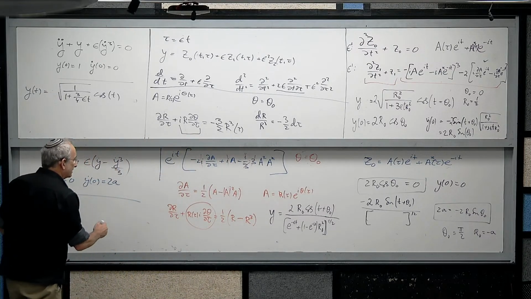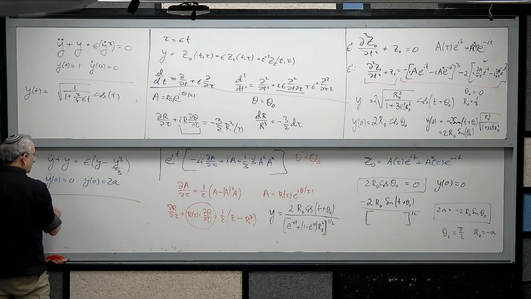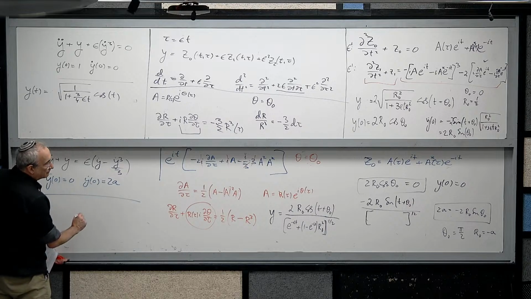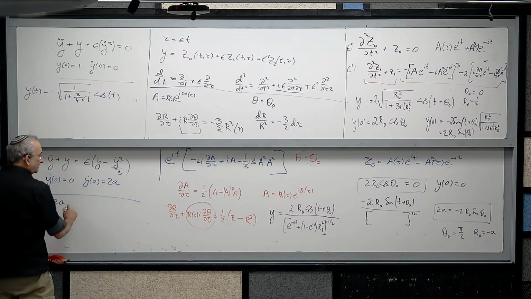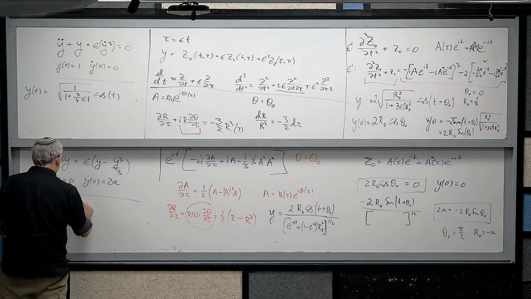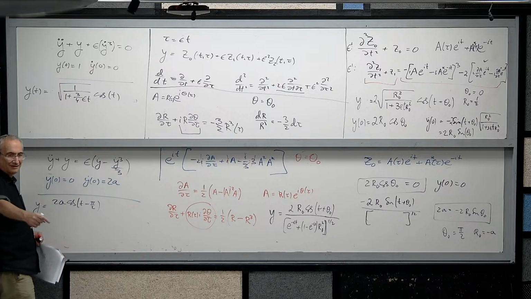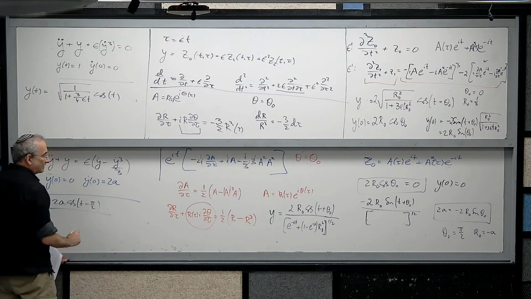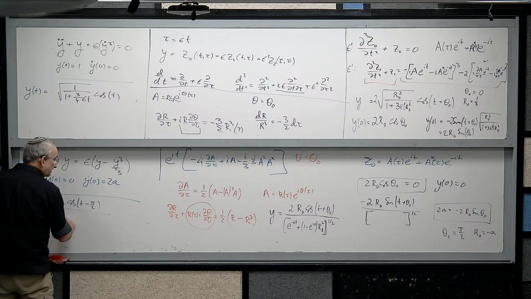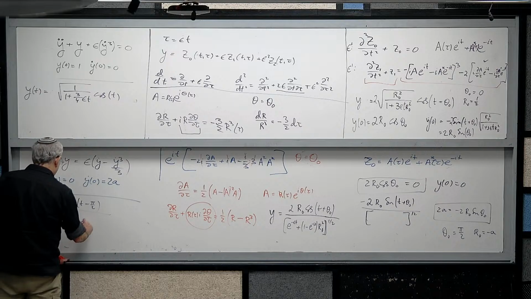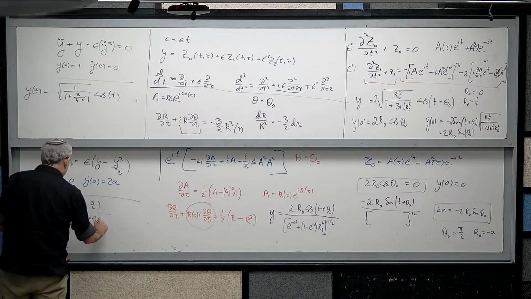So what I will get is y equals 2a times the sine, cosine of t minus pi over 2, if you want to do it your way, just sine, divided by e to the minus epsilon t plus 1 minus e to the minus epsilon t times a squared.